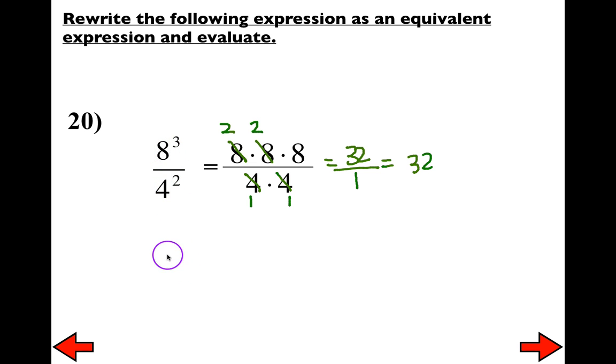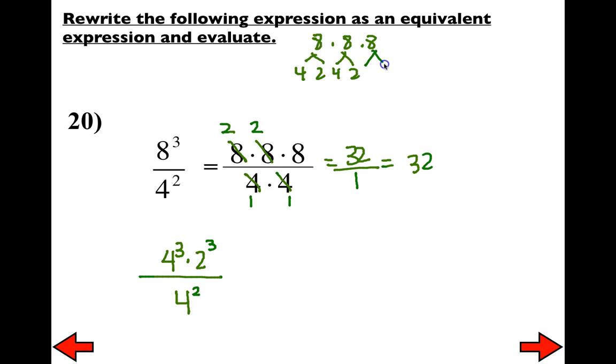The other way to do it would be like, okay, I know that there's a 4 and 8, so I'm going to pull that out. I'm going to say it's 4 cubed times 2 cubed. Okay, and just write 4 squared underneath. So again, how am I making this possible? Well, 8 cubed is 8 times 8 times 8, but I can break it up to 4 times 2, 4 times 2, 4 times 2. And that's why I see, okay, I see there's 3 4s and 3 2s.